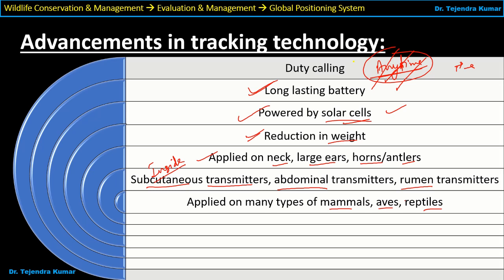Likewise, for those who do not have a distinguished neck, you can also place the abdominal or subcutaneous type of trackers or transmitters. These types of advanced trackers are also available for reptiles as well, so that they can easily shed their skins without harming the tracker, and we can track them. So these types of advancements are happening day by day.